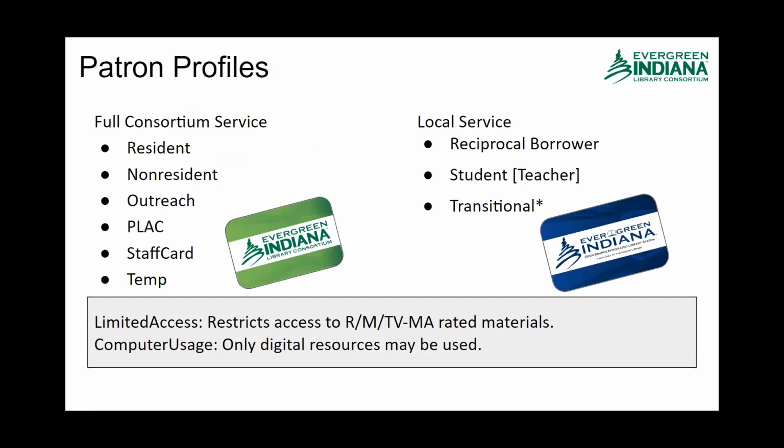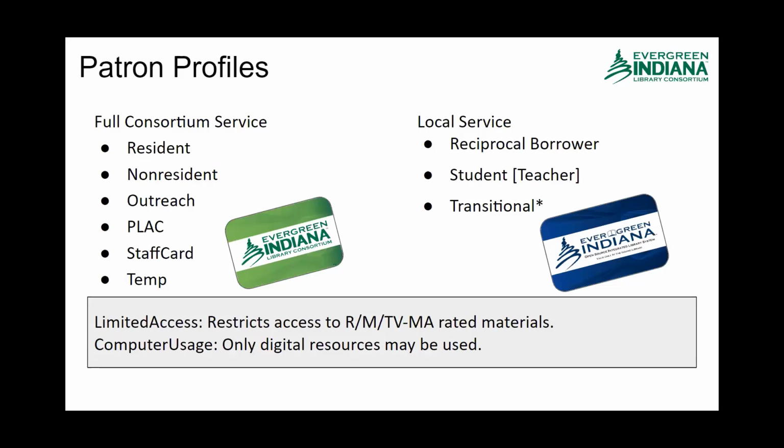There are a variety of patron profiles that we can choose. So somebody comes in to your library, and as you are registering them for this account, some determinations need to be made on what type of profile they are assigned as they get this card.